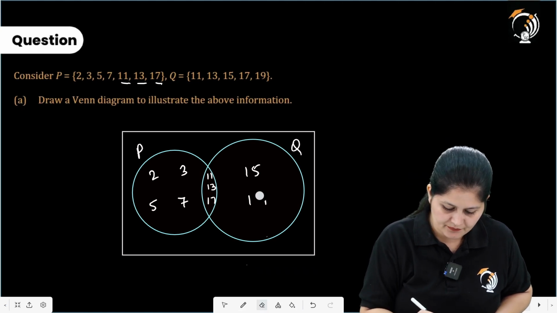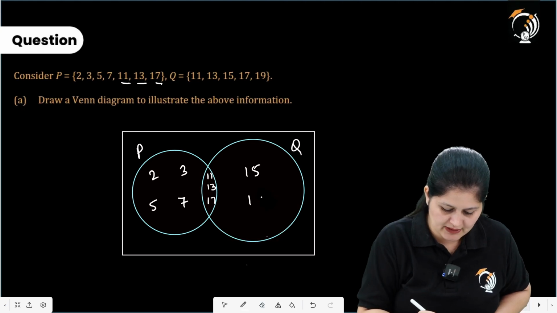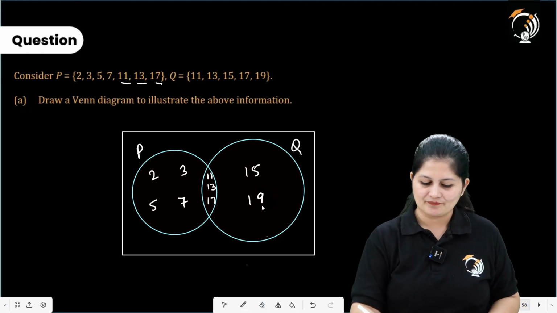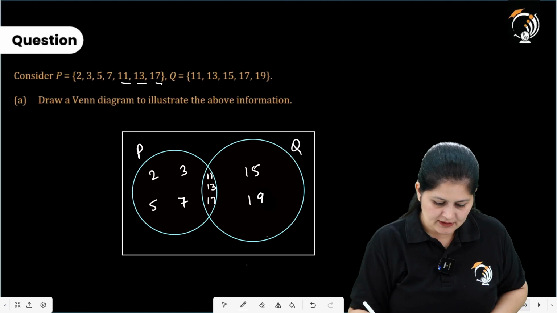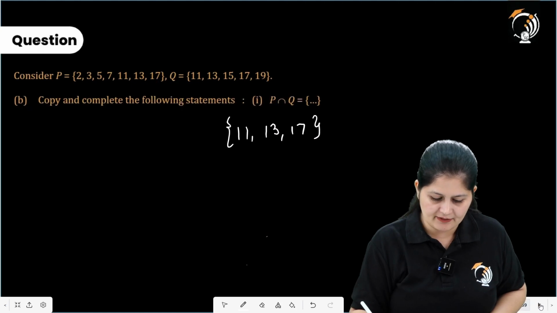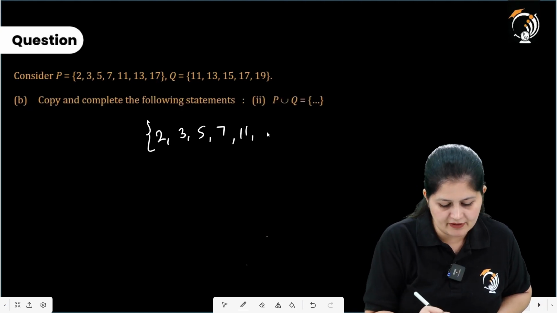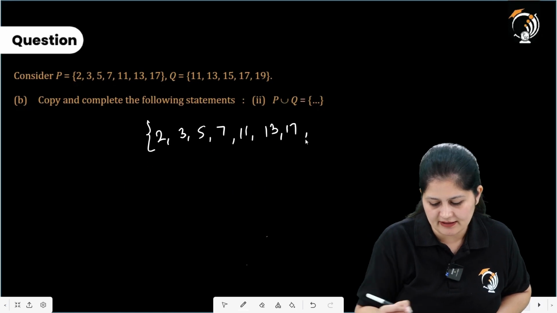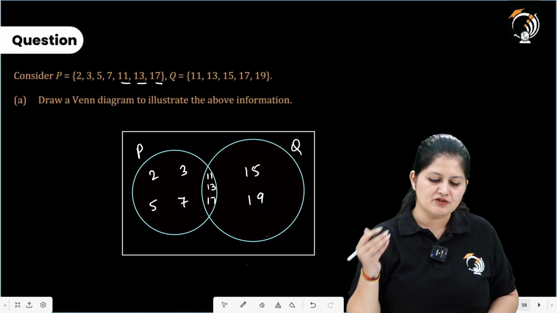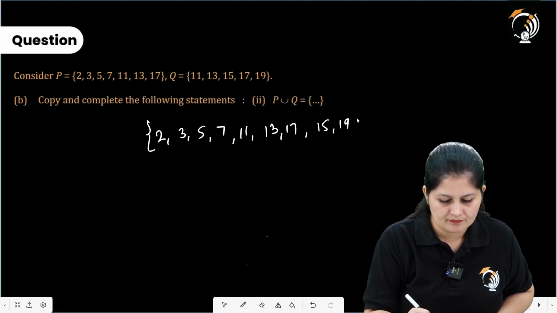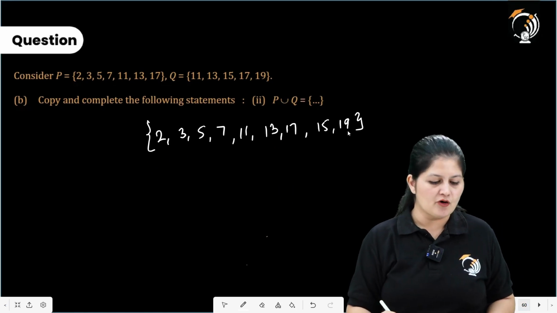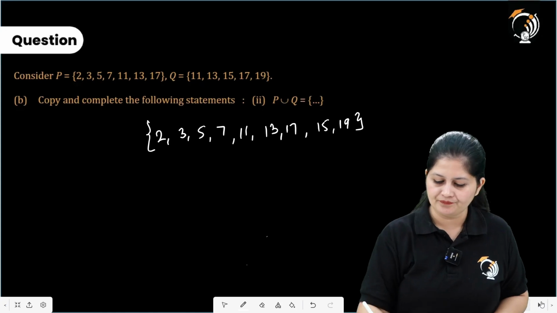Just a second, this is not going to be 17, this is going to be 19 here. And then we have the elements of Q that are left, which are 15 and 19. Understood? I hope that we are clear with the question now.